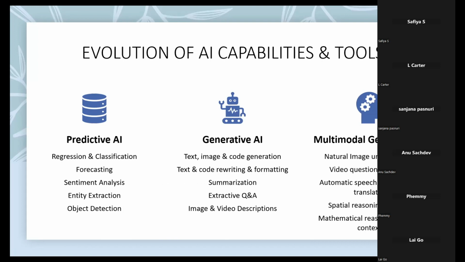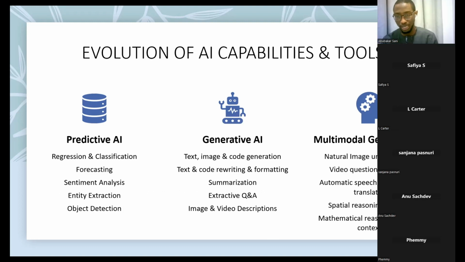For example, we can give it images of cats and dogs and train it with many images so that, given any image, it will be able to classify whether it is a cat or a dog. That's something we do in predictive AI.